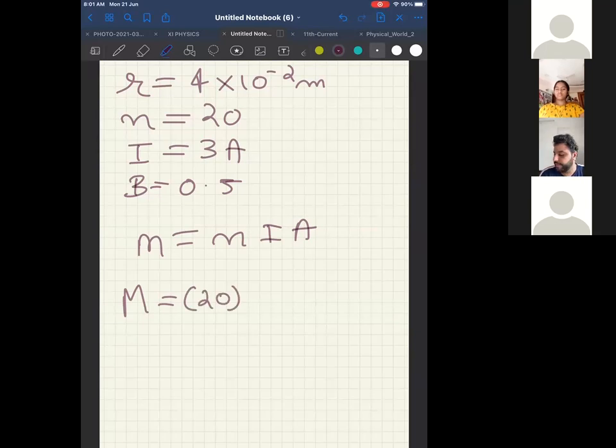Is the current given? I is given as 3 ampere, correct? Area: can I say area is nothing but pi into r square? Is r known? Yes, 4 into 10 power minus 2. Now can you simplify and tell me the answer for magnetic moment? Start.